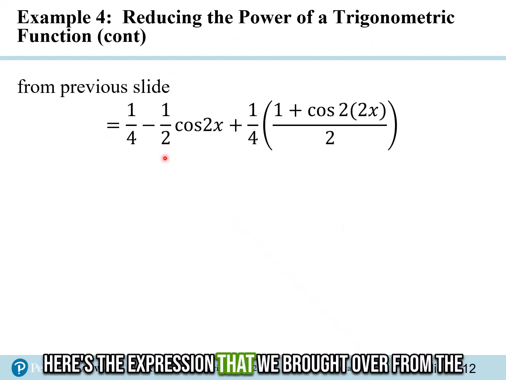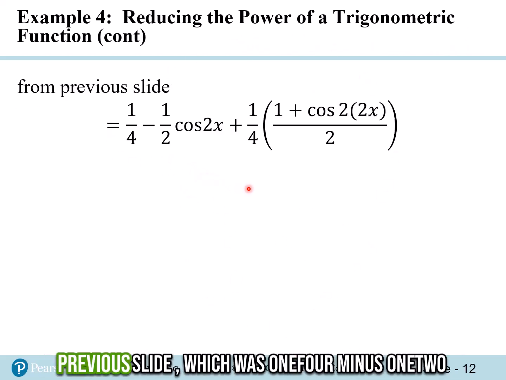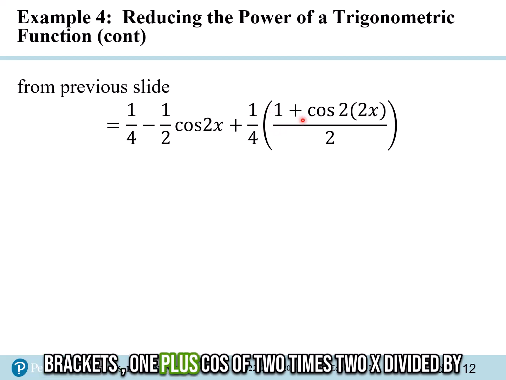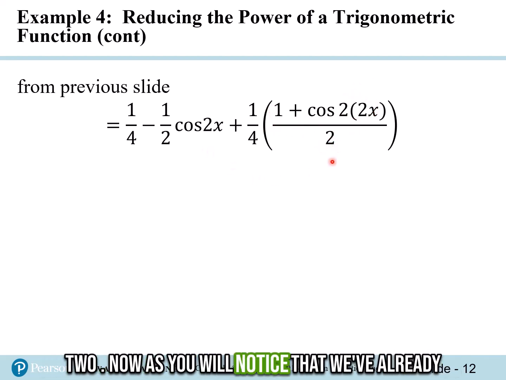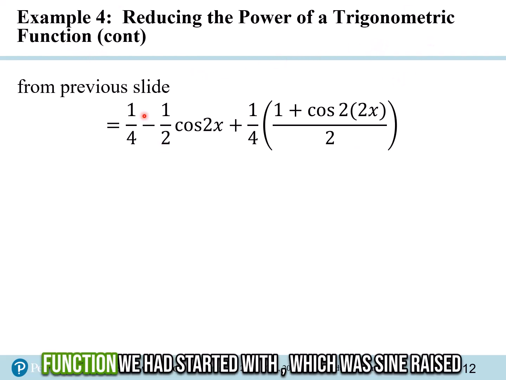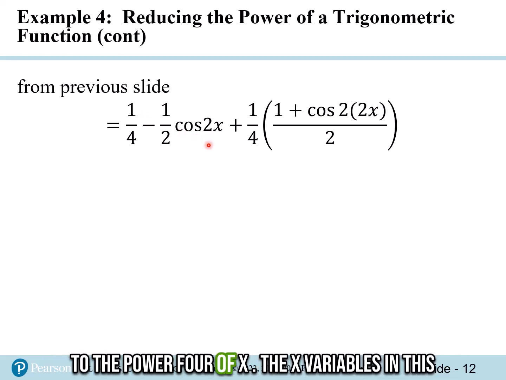Here's the expression that we brought over from the previous slide, which was 1/4 minus half times cos of 2x plus 1/4, and then within brackets 1 plus cos of 2 times 2x divided by 2. Now, as you will notice, we've already managed to reduce the power of the trigonometric function we had started with, which was sine raised to the power 4 of x.